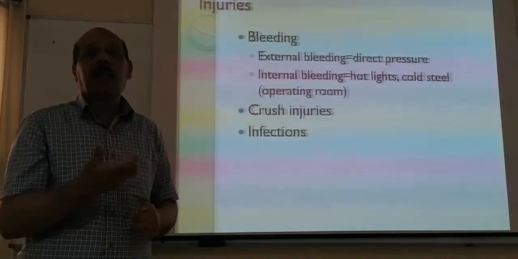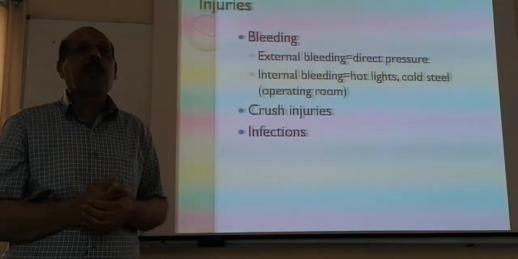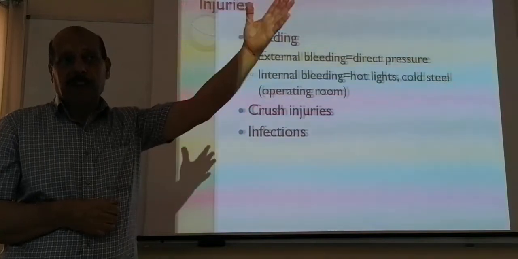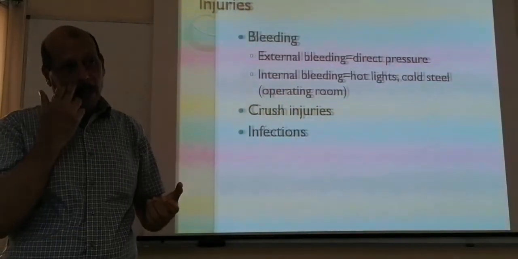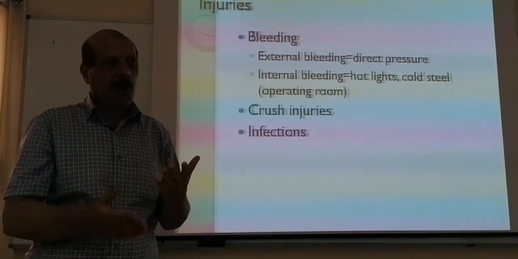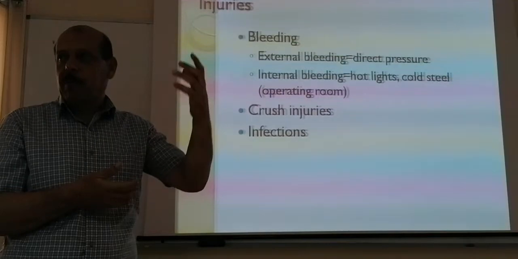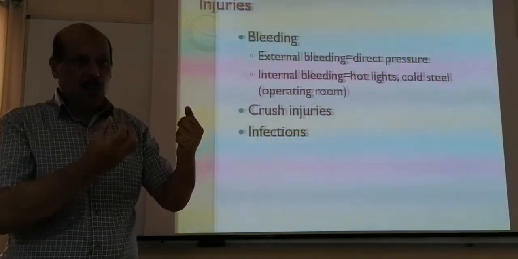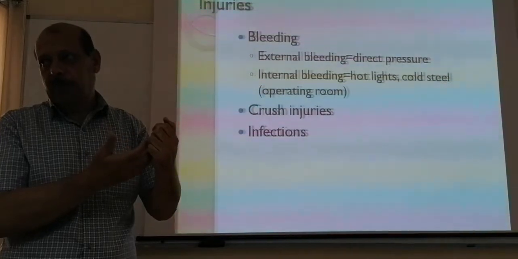If the bleeding is still coming out, we have to elevate the body part, especially if it is in the limb, either the upper limb or the lower limb. By elevation above the level of the heart, this will decrease the blood flow to the area.